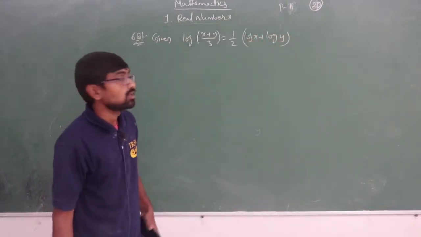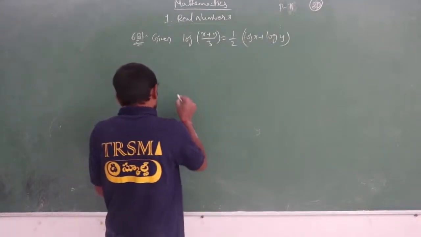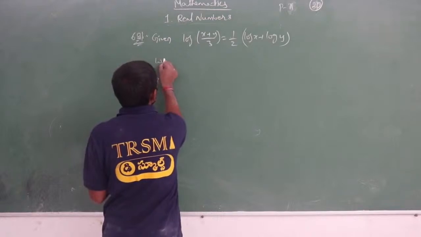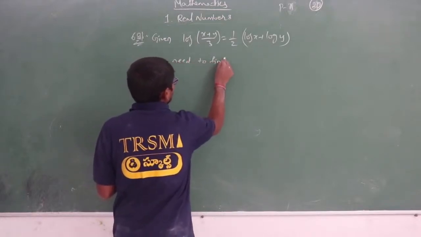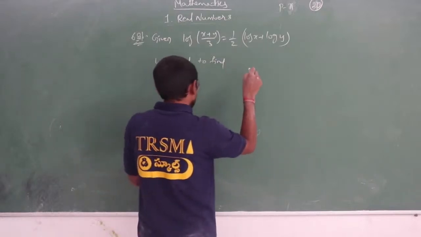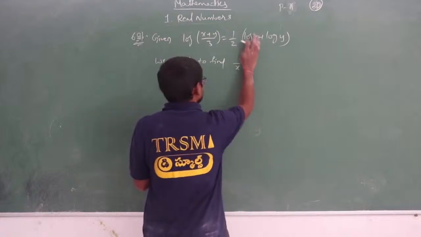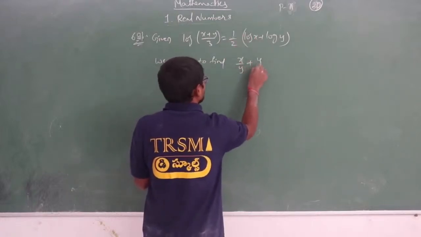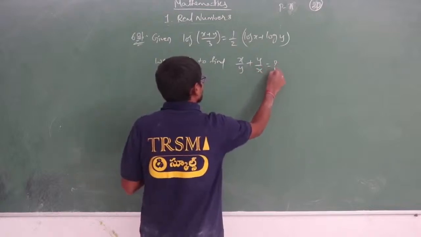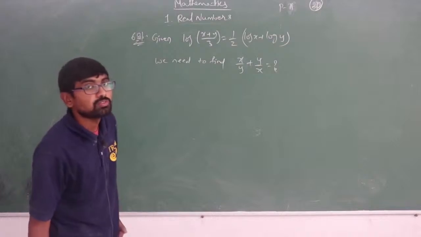What we need to do is find x by y plus y by x is equal to question mark. This value we need to find.